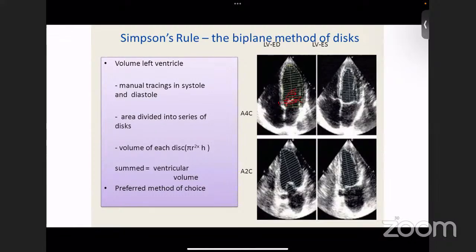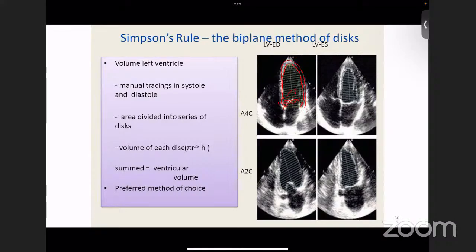For that, first you have to get the apical 4-chamber view. Then you scroll the image so that you get the LV in diastole. When you get the LV in diastole, you start from the annulus and mark the inner surface of the endocardium to the other annulus.